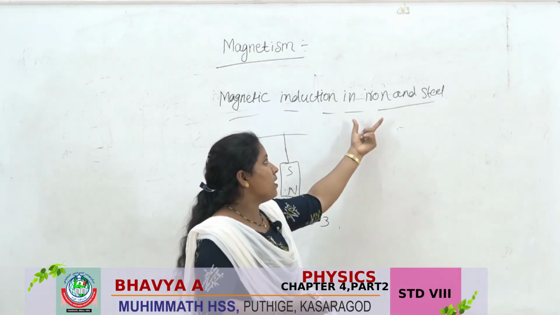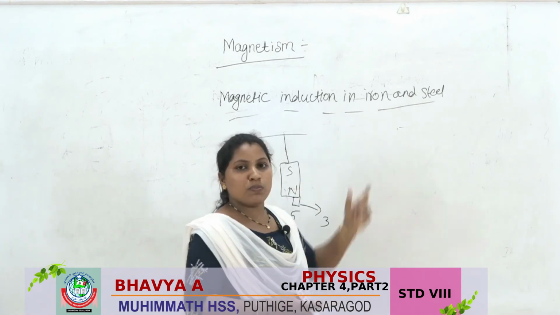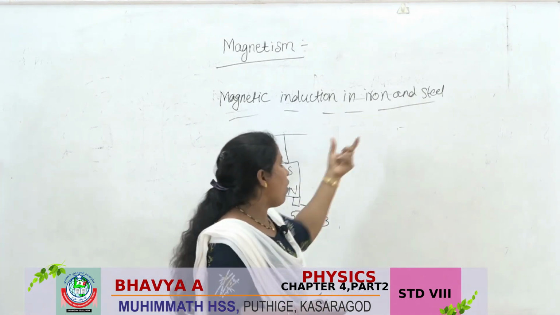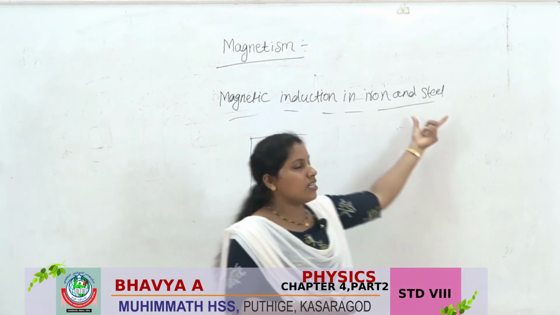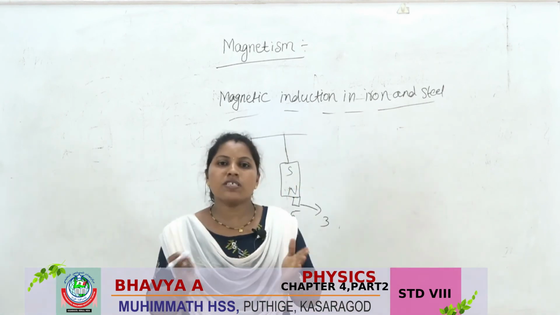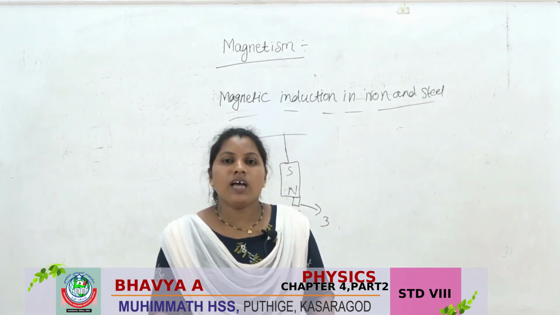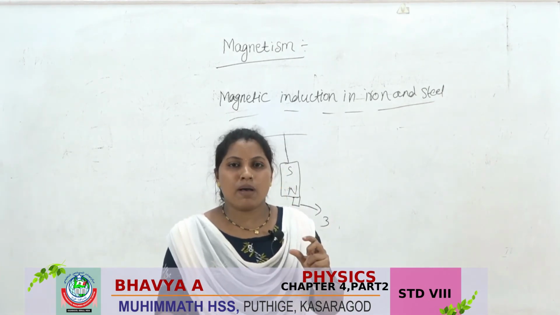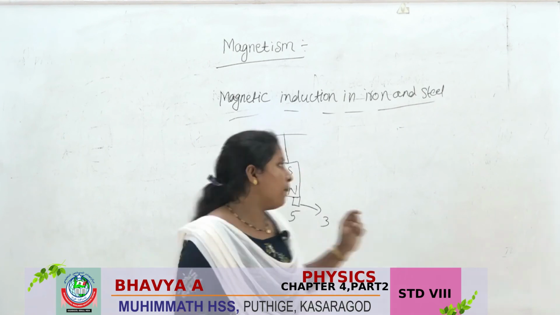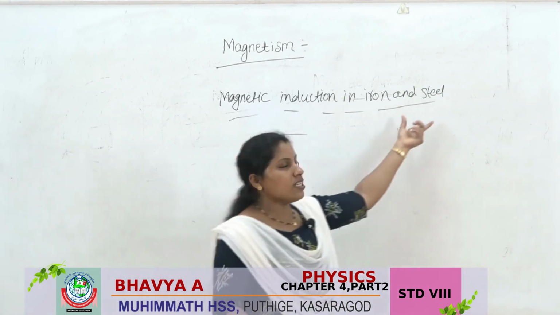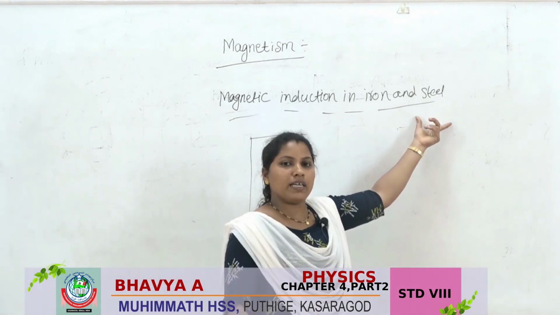The susceptibility of iron is more, and the retentivity of iron is less. For steel, retentivity is more. This is the difference between iron and steel. So iron is a temporary magnet. Steel is converted into a permanent magnet.